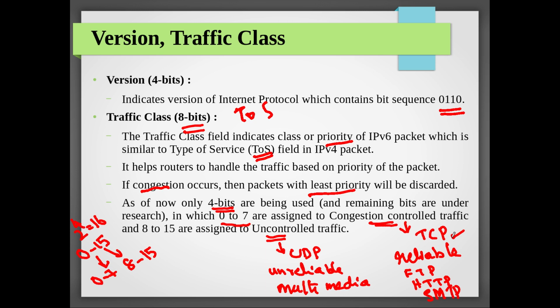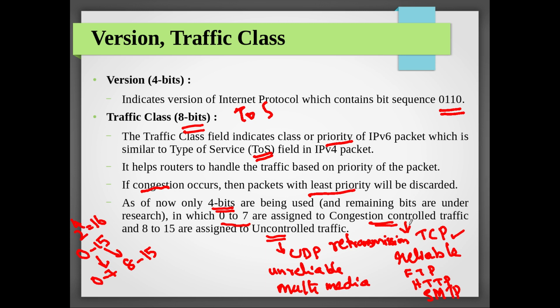Now how is TCP achieving this reliability, or ensuring that guarantee? It is by a mechanism called retransmission. That means, suppose on the way the networks are getting congested, definitely they are going to drop the packet, right?